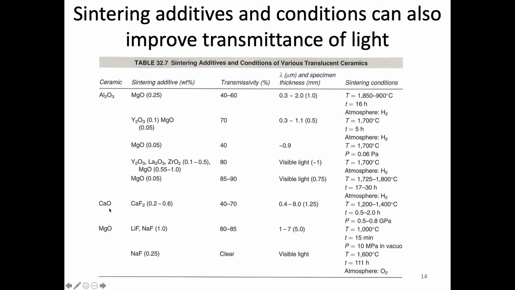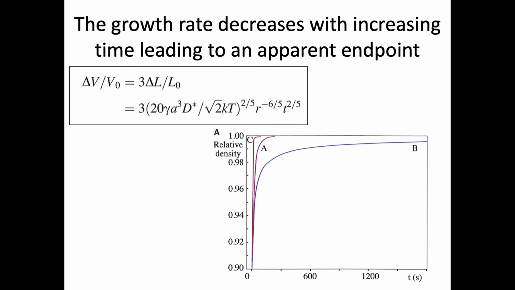If we have calcium oxide or lime or magnesium oxide, you can add different things. And again, for the most part, these additives are suppressing grain growth, therefore allowing porosity to be reduced before the grains start to grow. Along those lines, I'll just mention that when we talk about grain growth, we often think about an endpoint. But as we know, grain growth really doesn't ever complete.